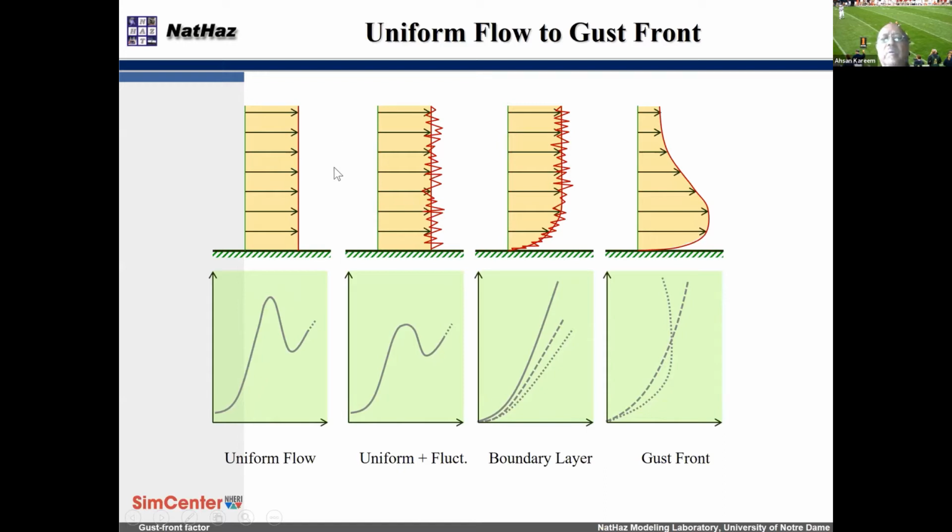Then they realized, oh, now we need to add some turbulence. You see, everything got suppressed a little bit. Then they said, no, the profile has to be matched. The response changed even further. And this would be a profile of a typical downburst, where the response would also be different. So inflow conditions are going to be very important for how our structures behave, because this variation in mean wind velocity changes the aerodynamics.